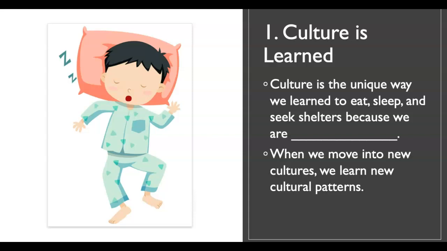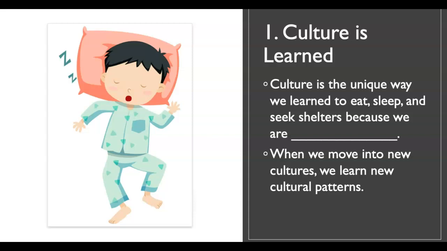The first one is that we understand culture is learned. Culture is the unique way we learn to eat, to sleep, and to seek shelter, because we can say we are Canadian, we are Japanese, we are Korean, we are American.